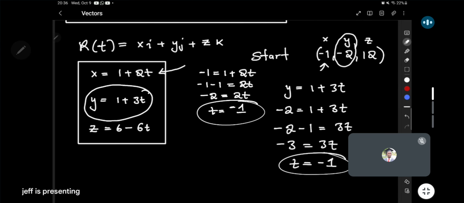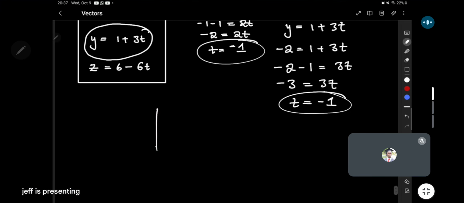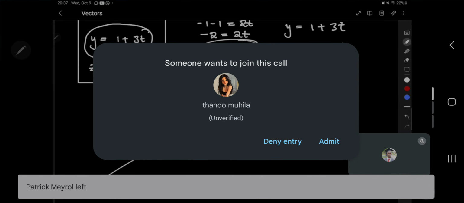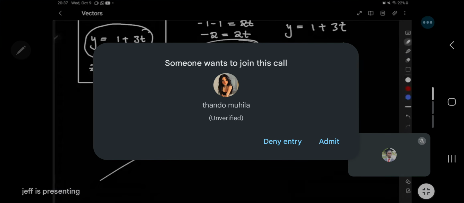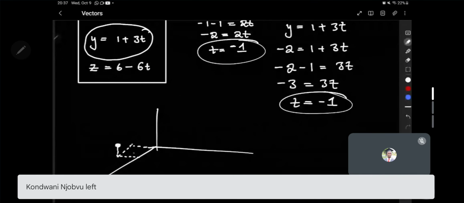Why does this make sense? It is the same point. If this is the coordinate axis and this is our point here, the value of t at this point would be the same. The value of x might be different, the value of y might be different, and the value of z might also be different.